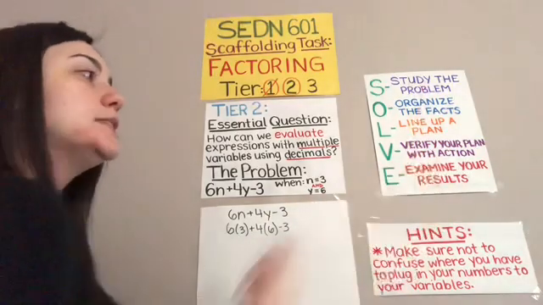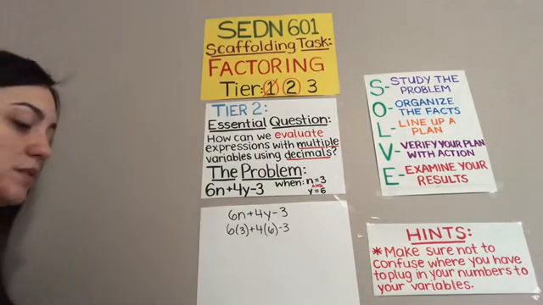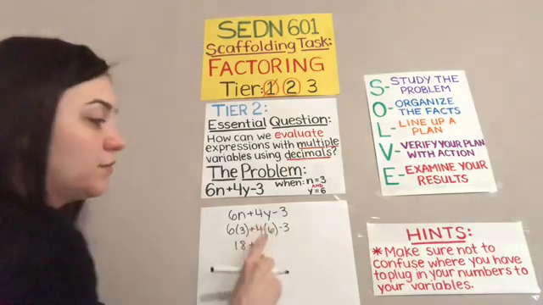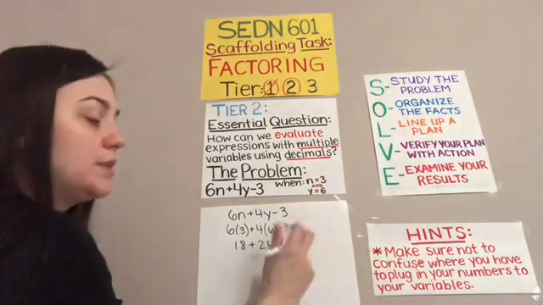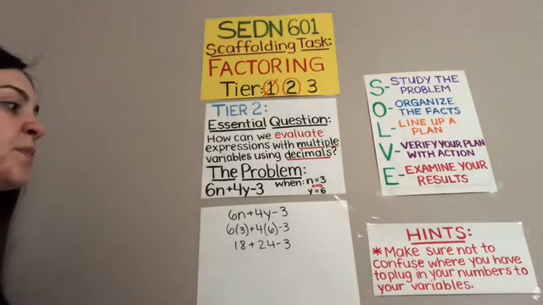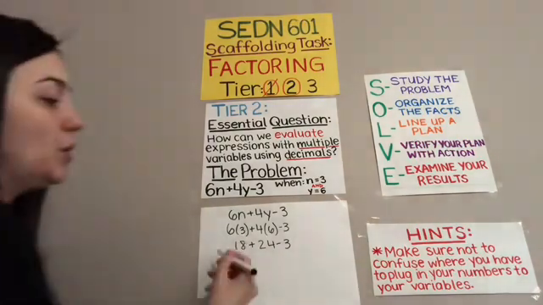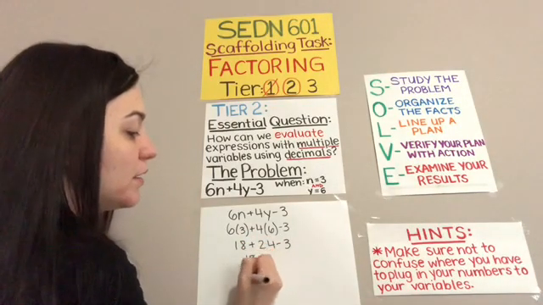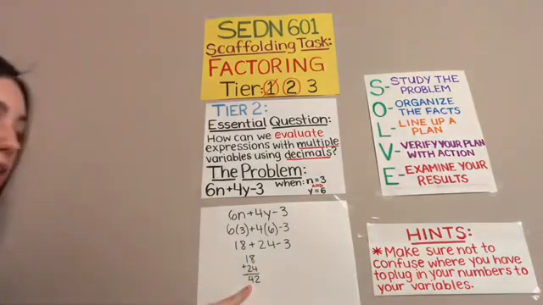Verify your plan with action and examine your results. So this is our plan. We have to multiply across. 6 times 3, 18, plus 4 times 6, 24. Bring down that minus 3. So now let's keep going. We should know that we are going to add and subtract here. So let's break it up. 18 plus 24, 42.